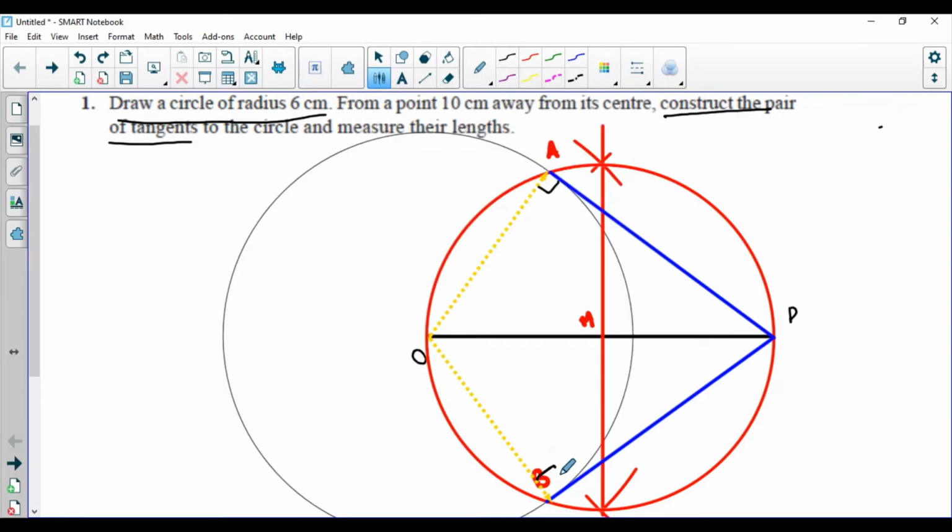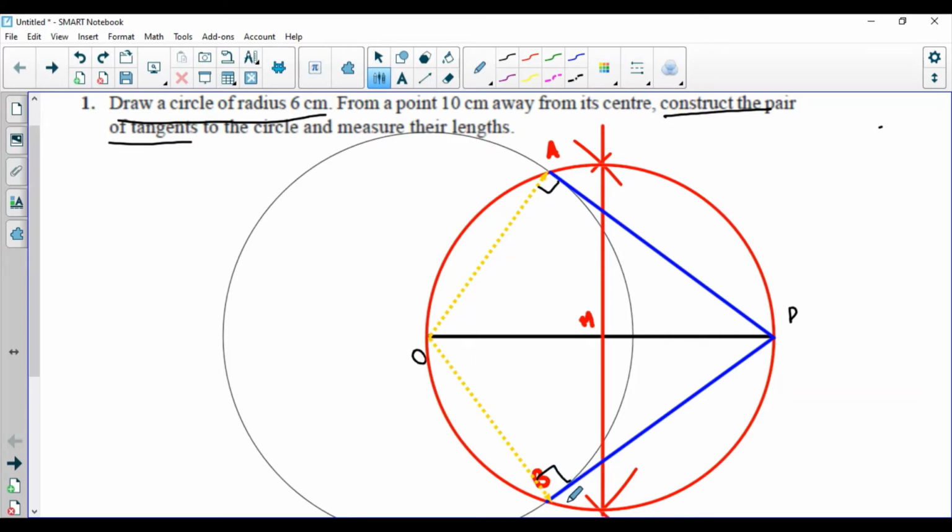Why? Because they are the angles in a semicircle of the red circle. Okay, if you observe the red circle, they are the angles in a semicircle, and we know by the theorem in class 9, angle in a semicircle is a right angle. So these two are right angles.